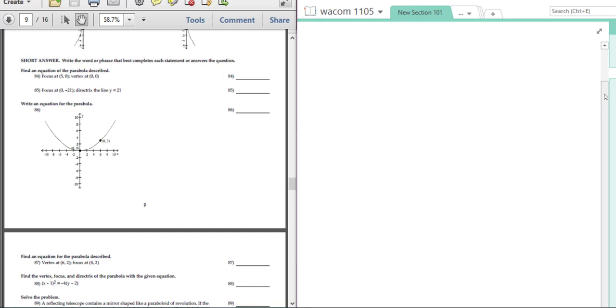So 85, we have the focus at 0, negative 21. This one is not going to go so well because the numbers are too big. We'll see what I can figure out to do with it. Your directrix is the line y equals 21. Right, and this was the focus. So they would like the equation of this parabola.